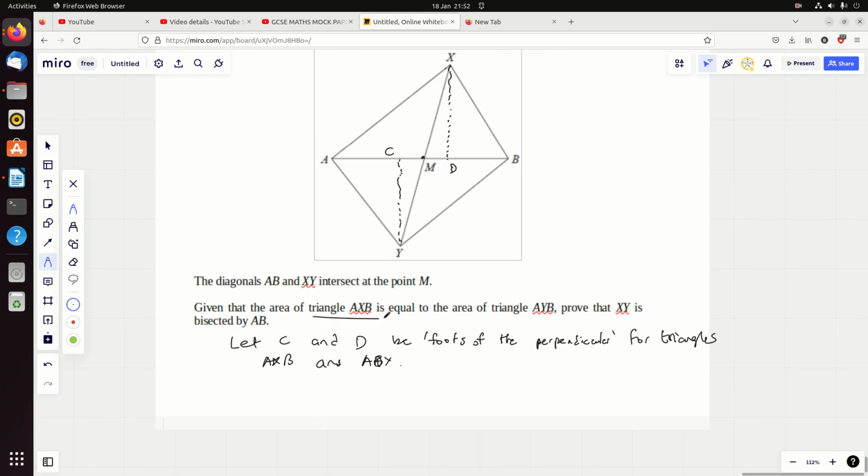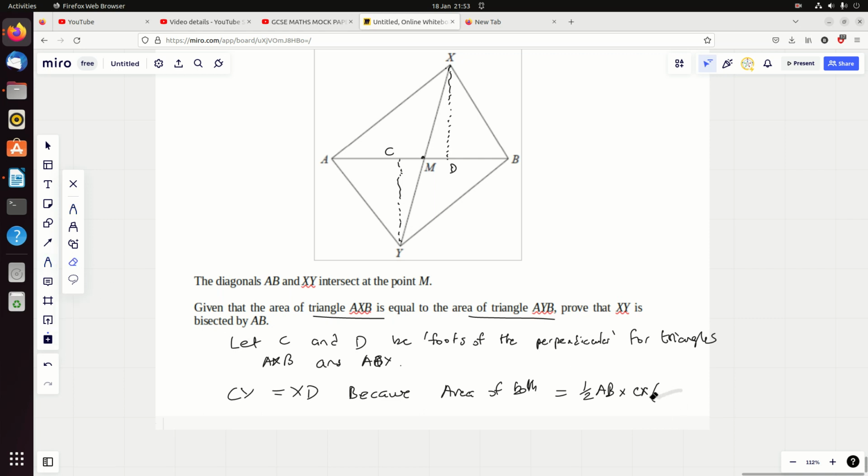Now, as the areas are equal, we know CY equals XD because the area of both equals a half AB times CX, or, well, let's make this clear.